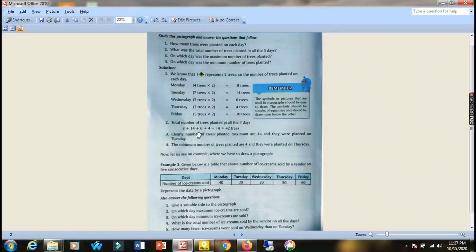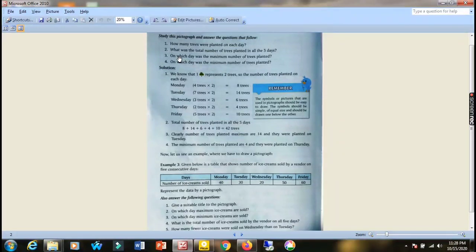So your answer is 42. When we add all these numbers, we get the answer 42. Let us check once. 6 plus 4 is 10, 10 plus 10 is 20, 20 plus 14 is 34, and 34 plus 8 is 42. So the total number of trees planted in all the 5 days equals 42 trees.